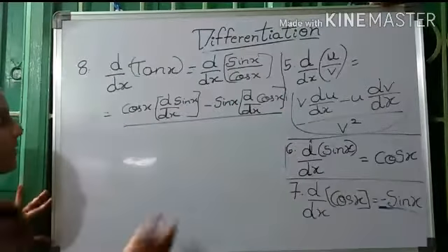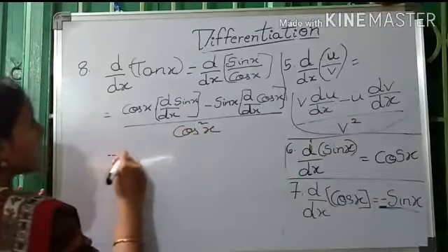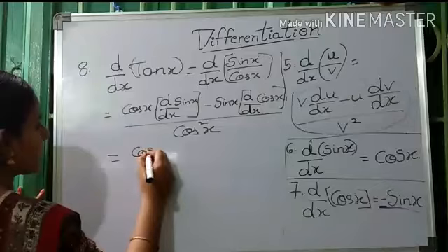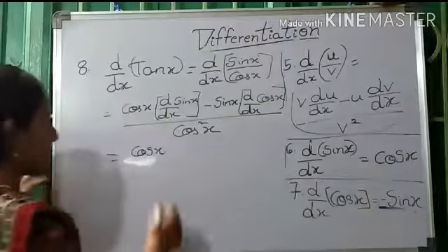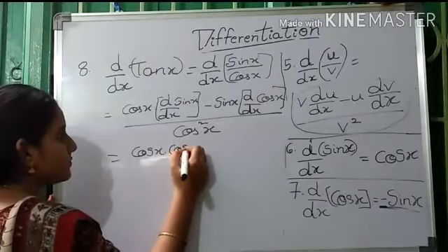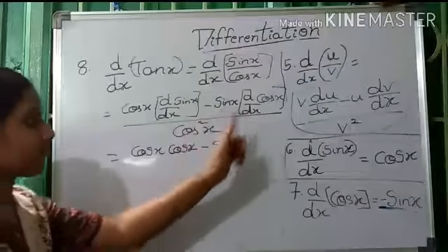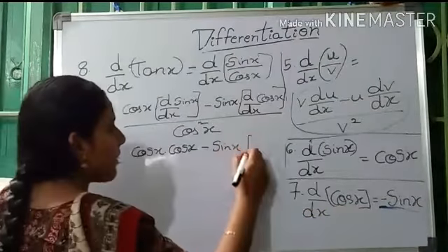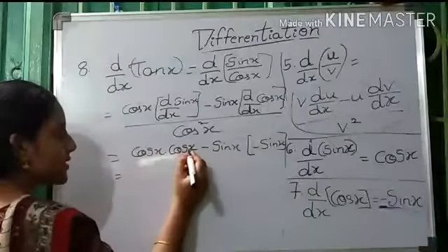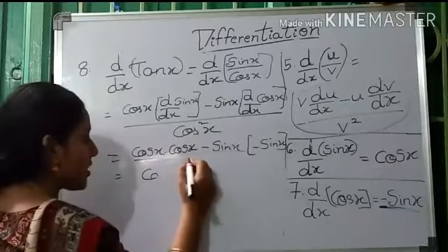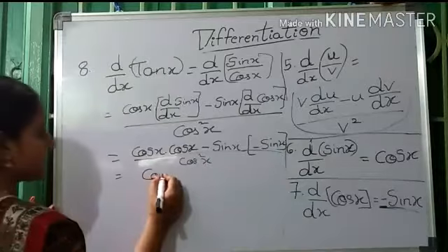by v square. What is v? Cos square x. That is cos x into d by dx of sin x, which is cos x, minus sin x into d by dx of cos x, which is minus sin x, that is cos square x by cos square x.